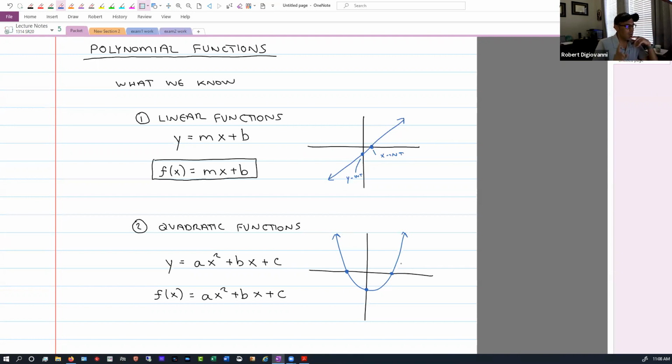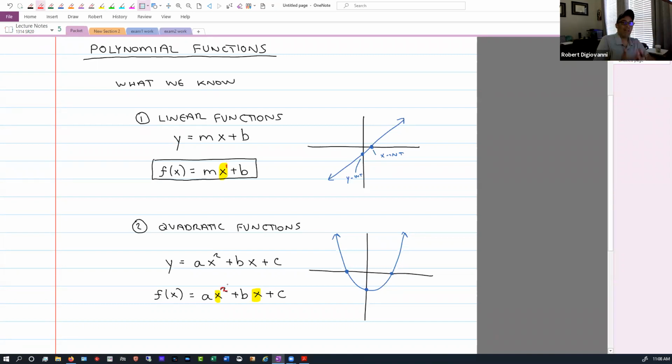So what I want you to pay attention to right now is the variable in both of these functions we've looked at. Once you look at the variable x, you'll notice that in the linear function, the highest power of x that we had was 1. And in the quadratic, the highest power we have is 2, right?